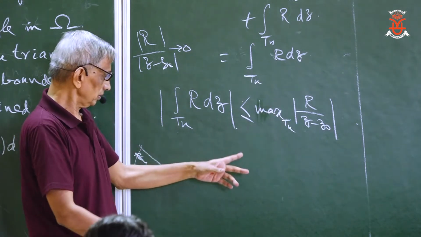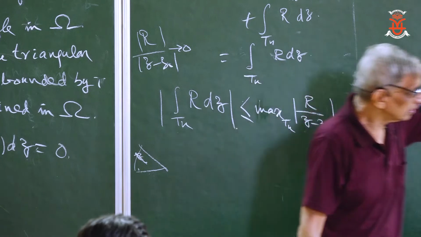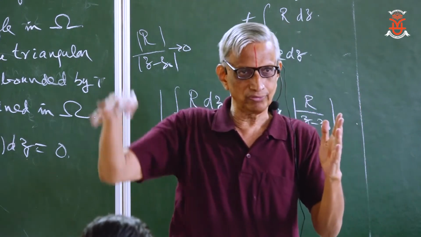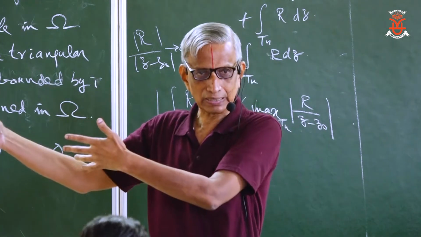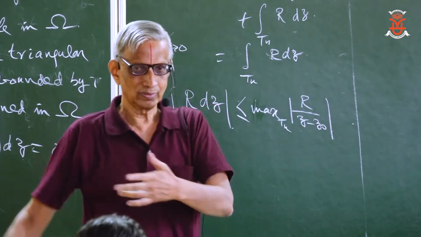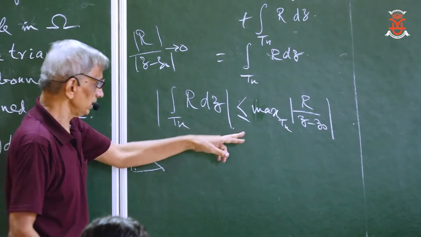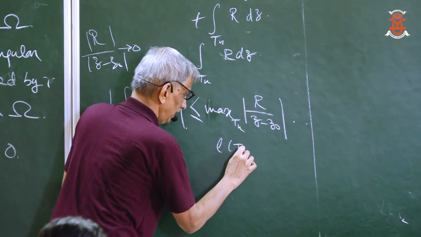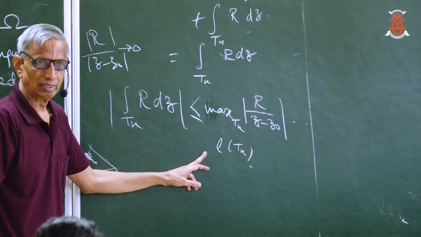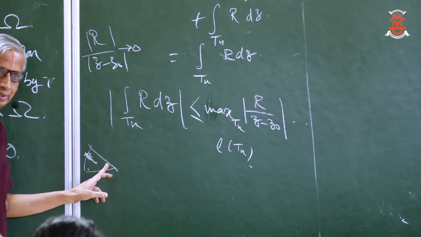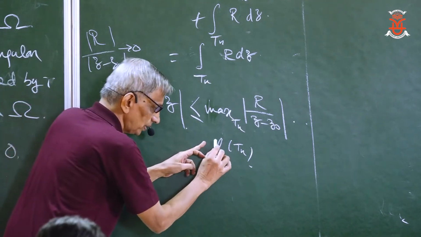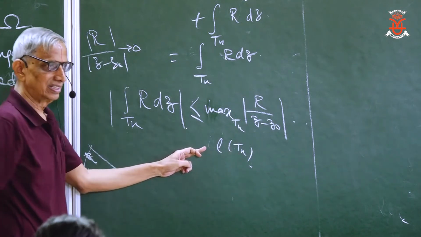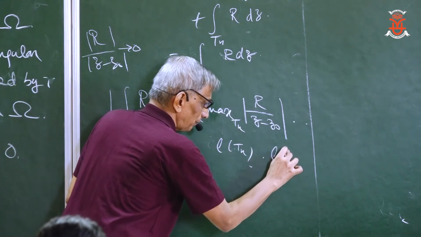And then remember the estimate for an integral: maximum of the integrand times the length of the curve. So the integrand itself is bounded by this, times the length of Tn. So there is another length of Tn coming in, right? Here you first get the diameter of Tn, which in turn is less than the length of Tn, times the length of Tn.